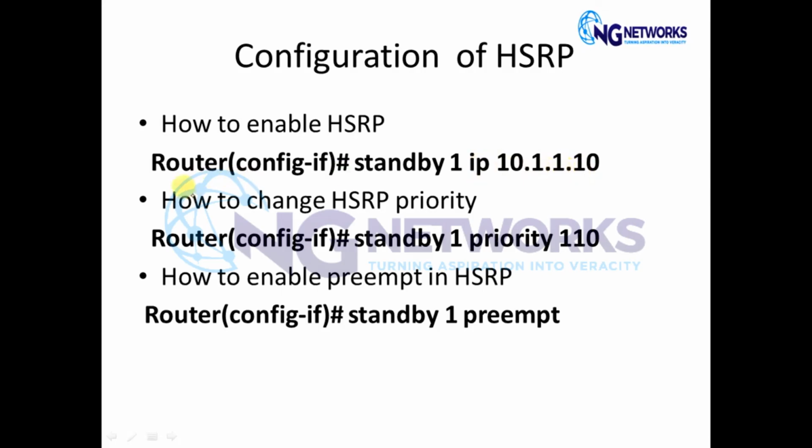To change the HSRP priority, if you want to manipulate the election, simply run standby 1 priority and then the priority you want to set. The highest priority can be 255. And how to enable the preemption feature? It is very simple. Go to the interface and run the command standby 1 preempt. Now the router with the higher priority will become your active router.